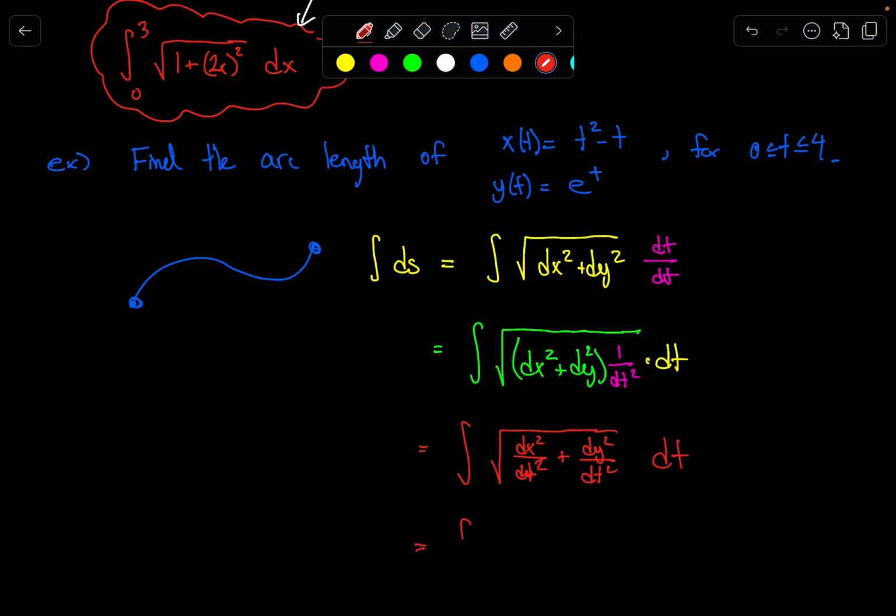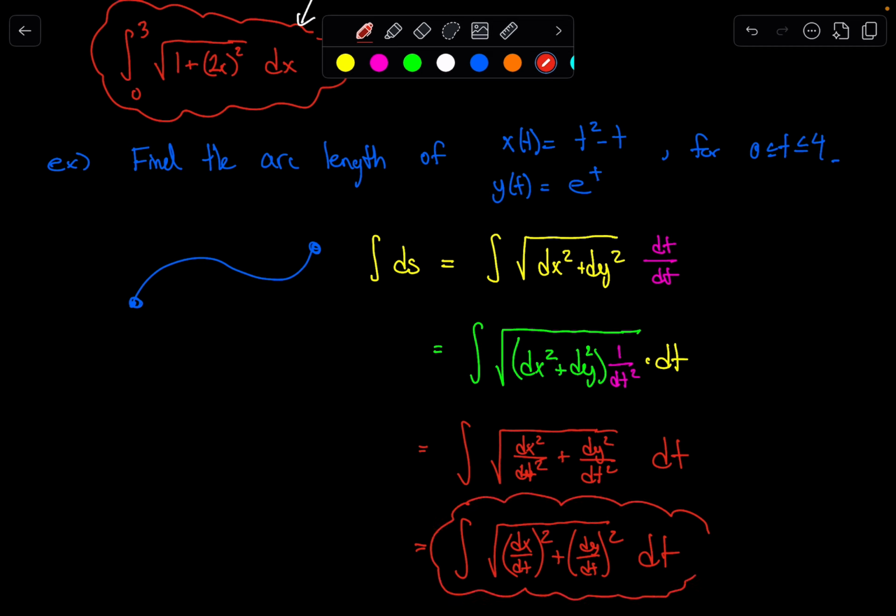And if you want to tidy this up, you can write this as (dx/dt) all squared plus (dy/dt) all squared, dt. And this will be our arc length formula in terms of something that's parameterized, like in terms of t or theta or bob or whatever it is that they give us.